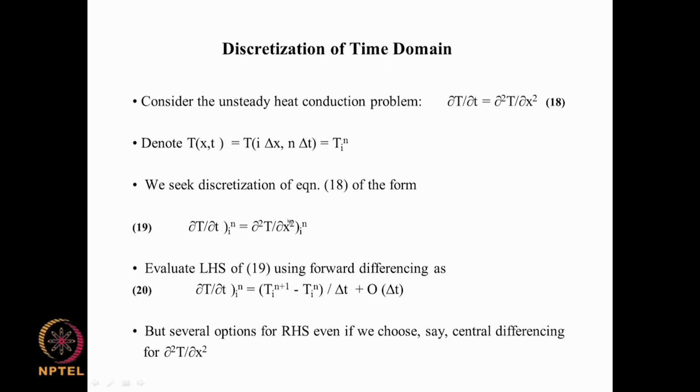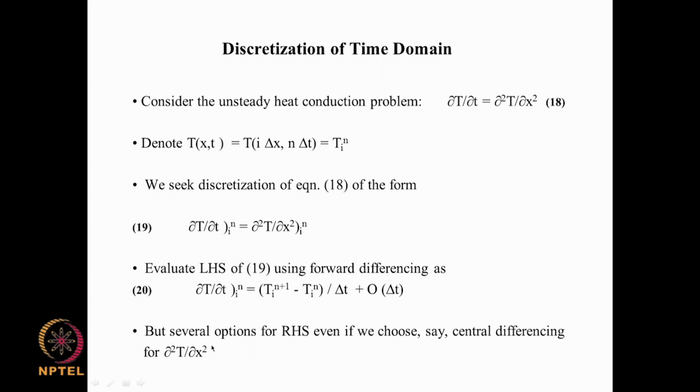Now, what about the spatial derivative on the right hand side? This is a second derivative and we can use central differencing, but even then we have certain choices to make.